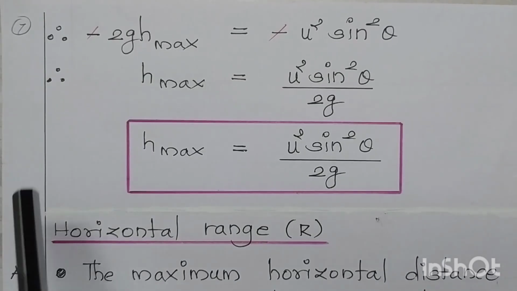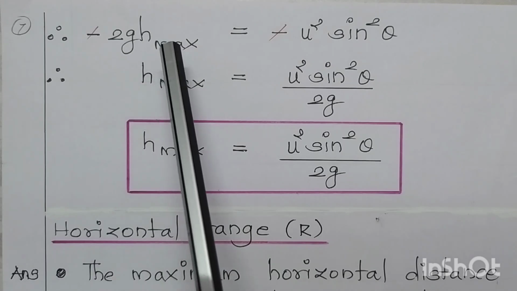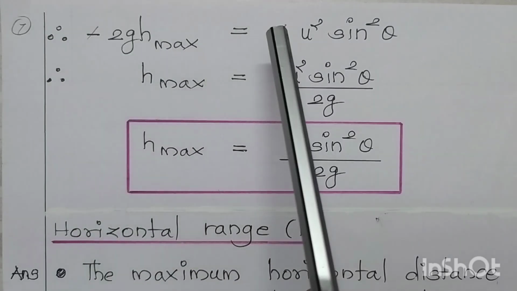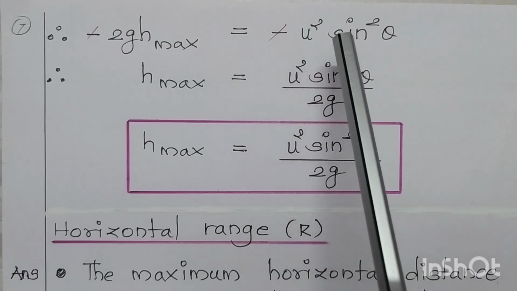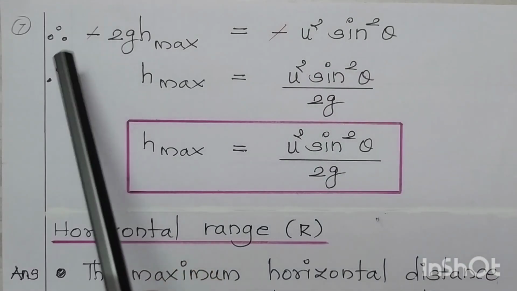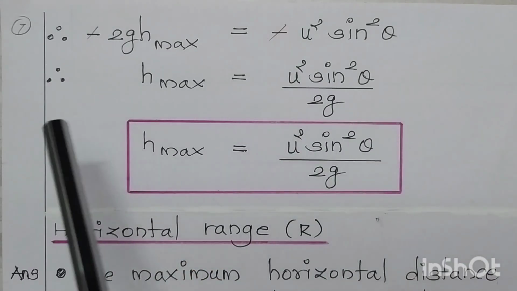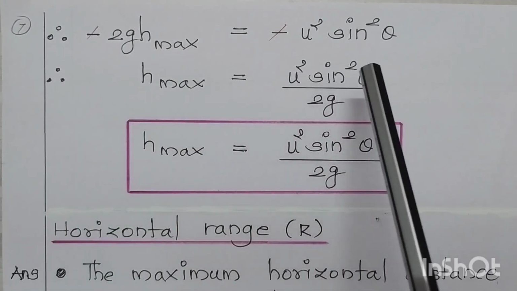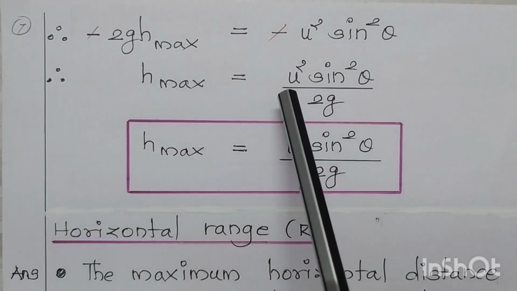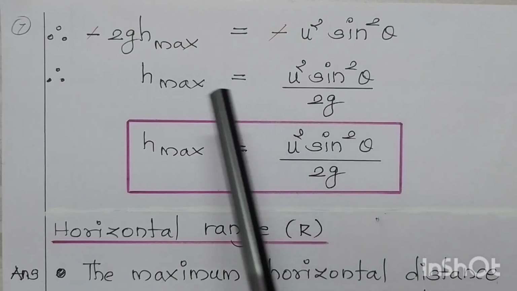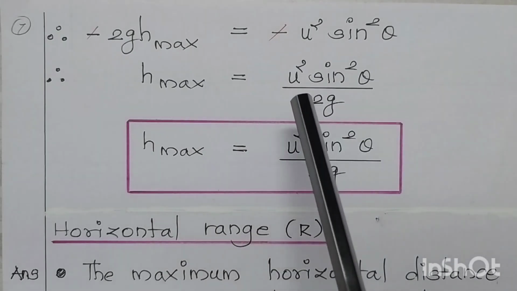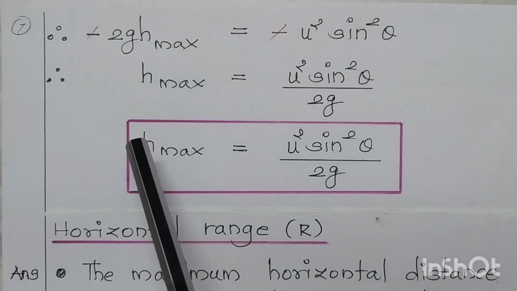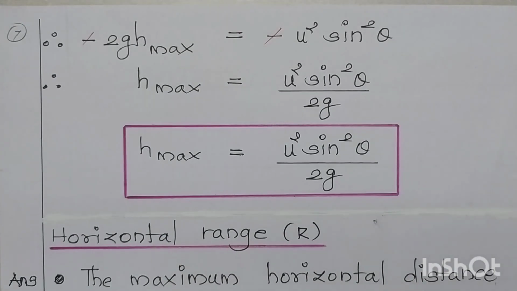Now let us keep minus 2g h max as it is and bring u squared sin squared theta to this side. Then it becomes minus u squared sin squared theta, and the minus and minus get cancelled. Therefore, h max is equal to u squared sin squared theta, divided by 2g. So, h max is equal to u squared sin squared theta by 2g. This is the expression for maximum height.